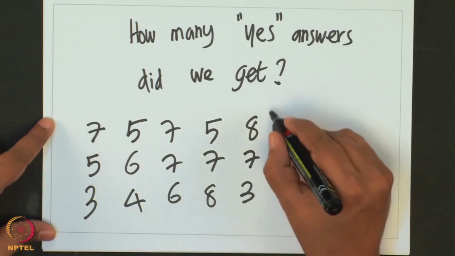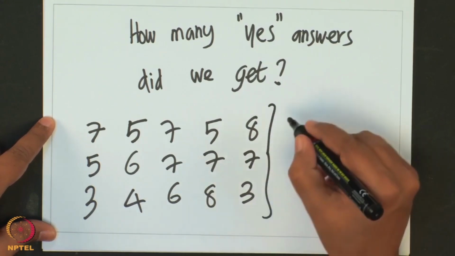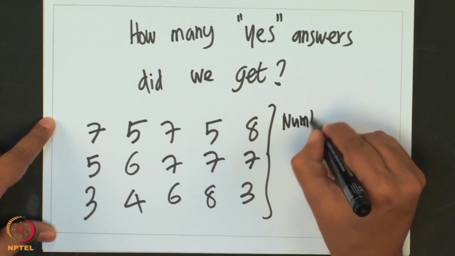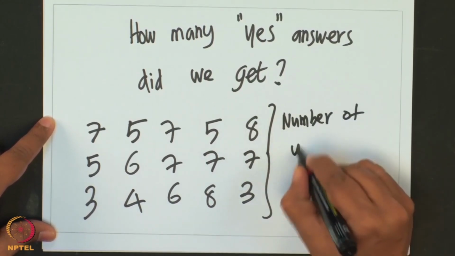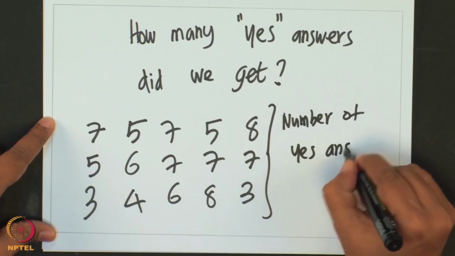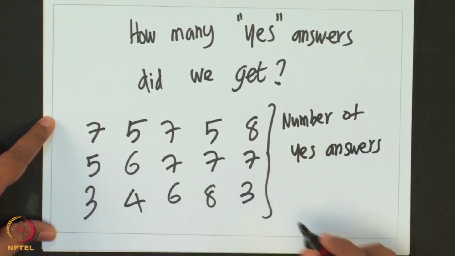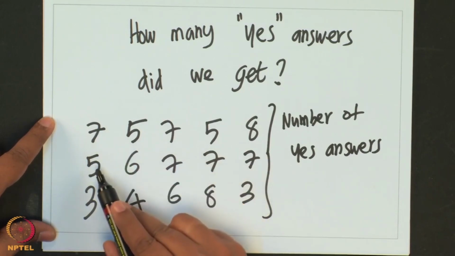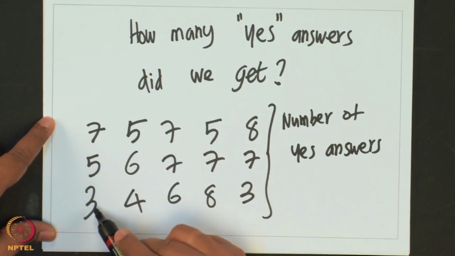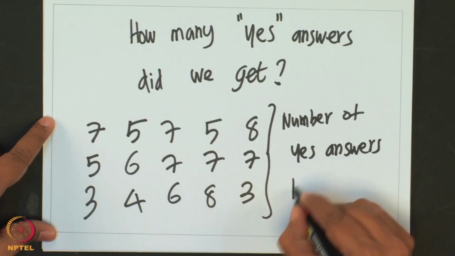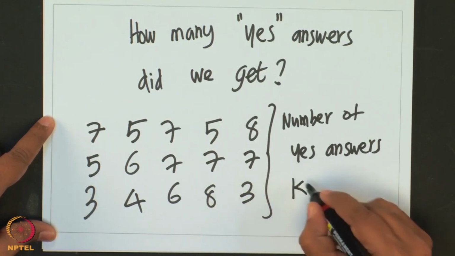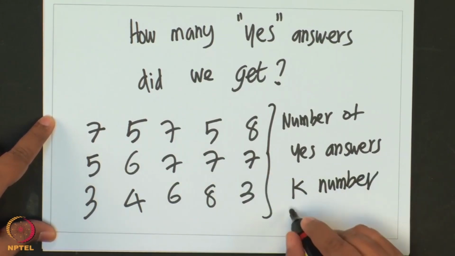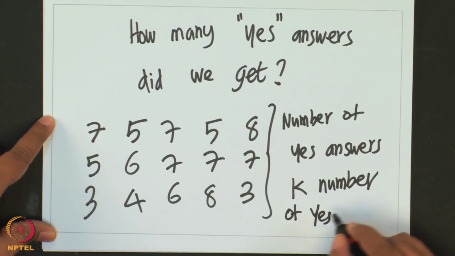So this is the number of yes answers: 7 yes answers, 5 yes answers, 3 yes answers. So k number of yes answers, where k is any of these numbers.